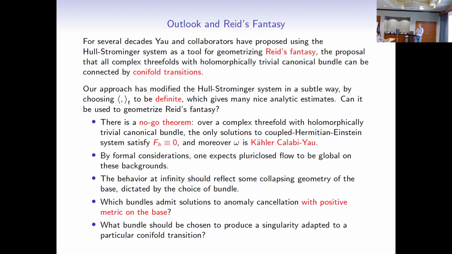As I understand it, the idea traditionally is that if you're lucky, for the right bundle you can solve the full Hull-Strominger system in every Kähler class. Then you let the Kähler class degenerate in the right way, and you'll see this conifold transition, and then you can pass the Hull-Strominger system through the conifold transition to the other side, right?